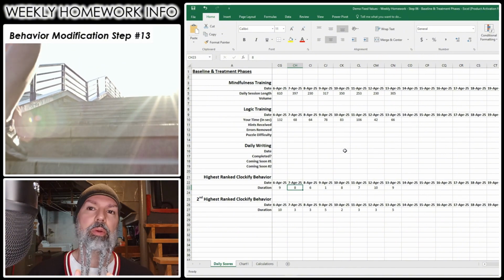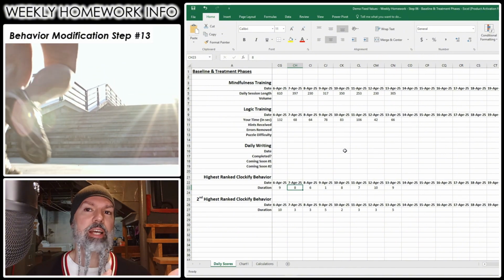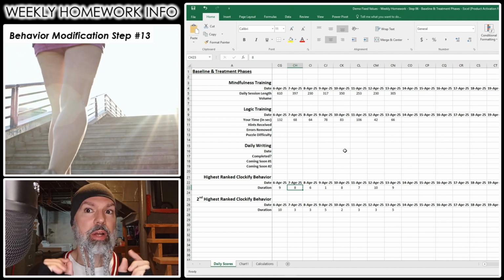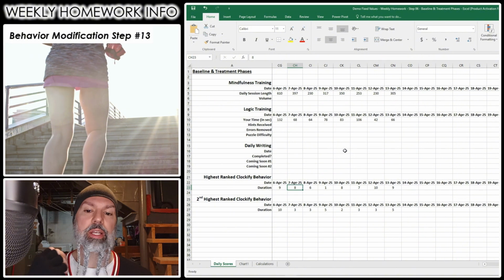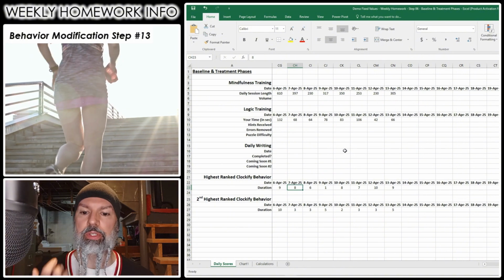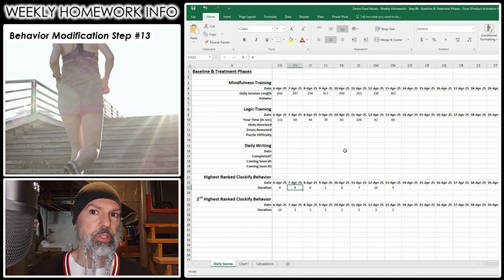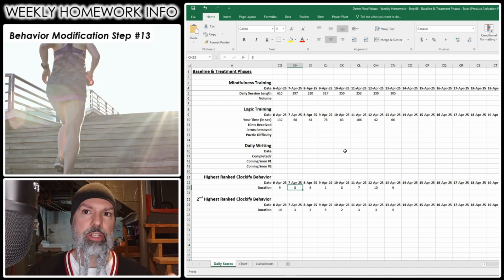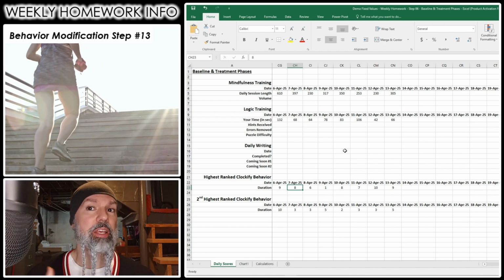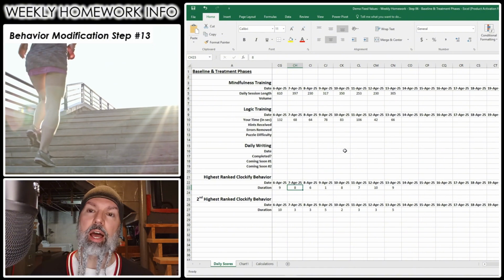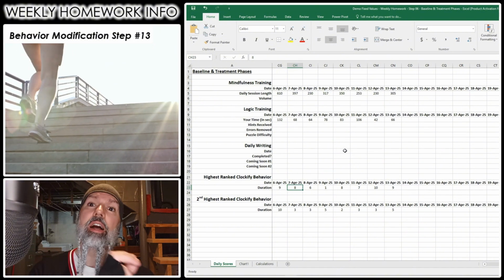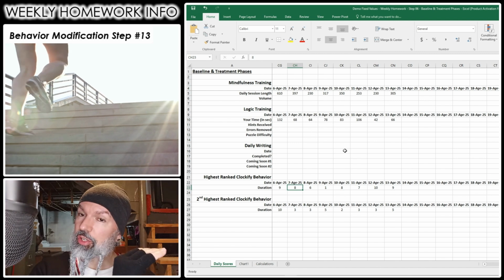If you recall, last week there was officially no homework assignment. But actually, that was an implementation of a reversal procedure. A reversal procedure is an important tool in the behavior modification arsenal, and it's a way of evaluating whether the behavior modification that you are doing is actually causing the behavior change that you are observing.